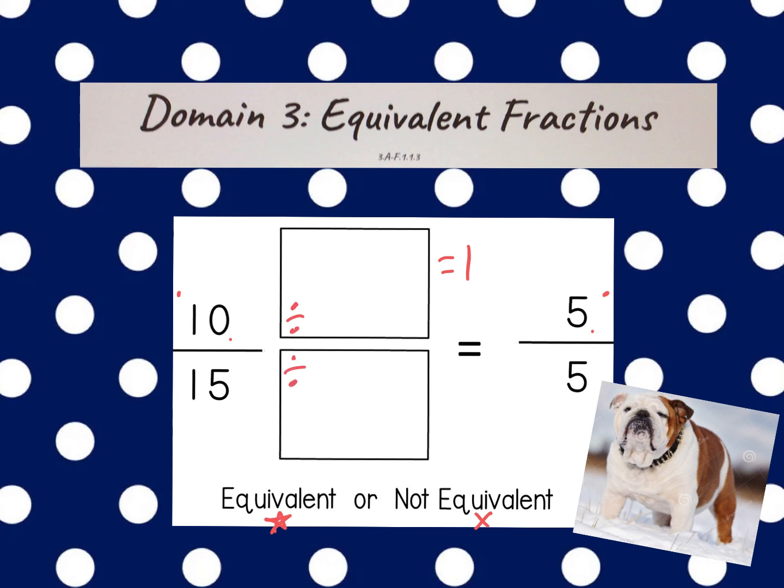Same thing with 15 and 5. So this one, they started with the bigger numbers, and we're dividing. So 10 divided by something equals 5. 10 divided by 2 equals 5, okay? 15 divided by something equals 5. 15 divided by 3 equals 5. So is 2/3 equal to 1? No, it does not. So my friends, 10/15 is not equivalent to 5/5.